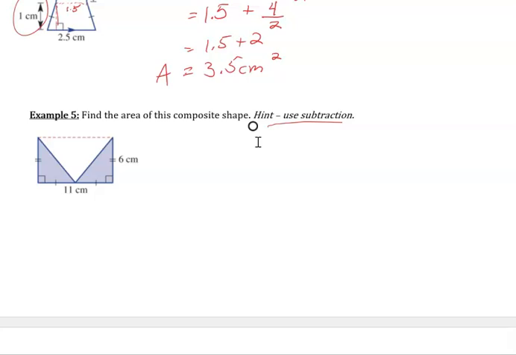Find the area of this composite shape. Hint, use subtraction. I think we could do it either way, but let's try it. What we have is a rectangle, with length and width. And if we're going to use subtraction, we minus 2 triangles. So minus 2 times 1/2 base times height.